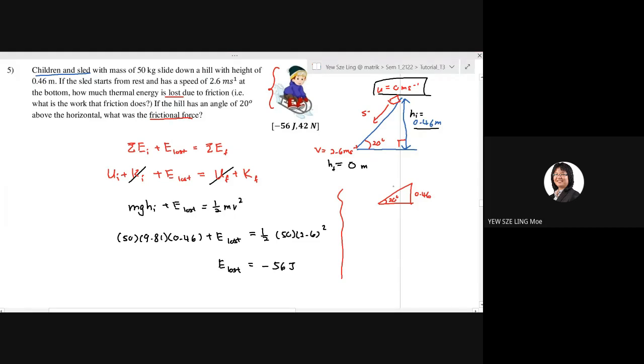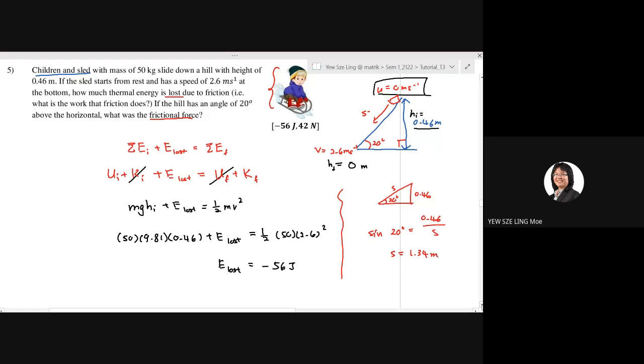What we want to calculate now is the hypotenuse. So by using the trigonometric function, sine 20 degrees equals 0.46 divided by s, where s is now 1.34 meters. So this is the displacement.